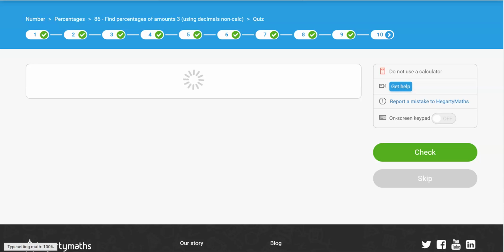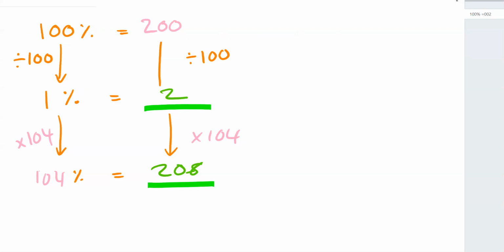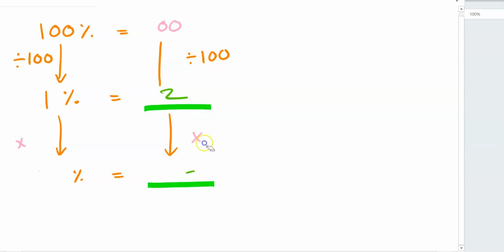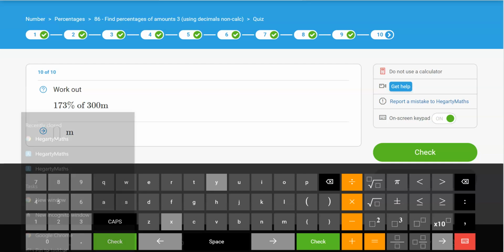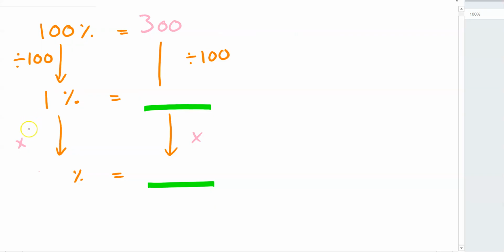Right, last one. Hopefully we won't run out of time, we'll see. So 300 this time. Back to pink, 300, and the percentage was 173.